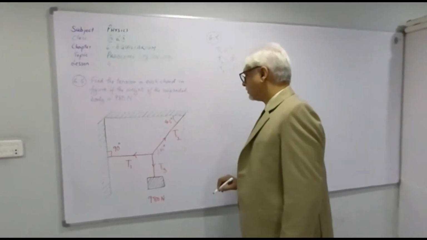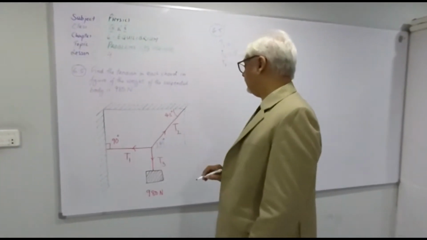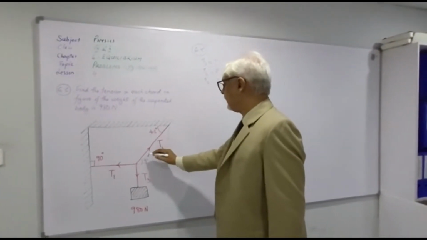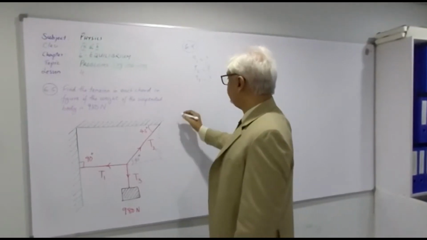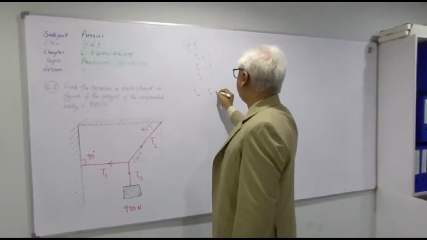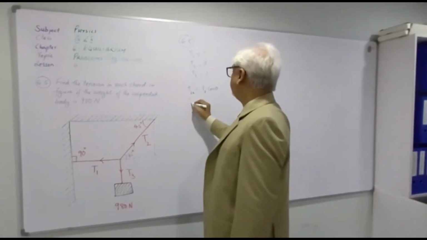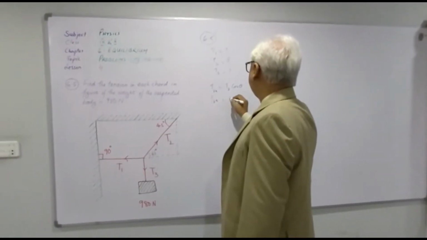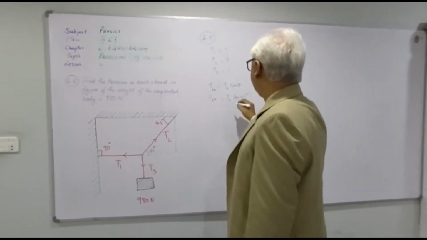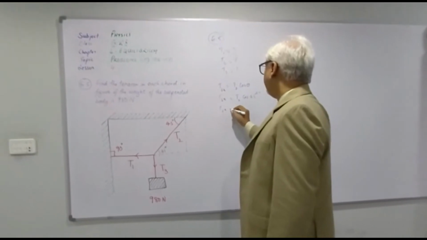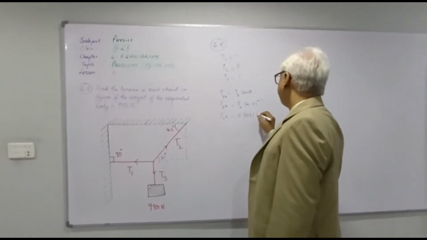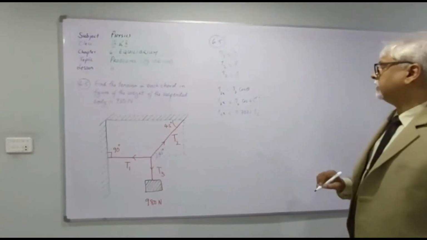Along the x-axis, T2x is equal to T2 cos theta, so T2x is equal to T2 cos 45 degrees. The value of cos 45 is 0.7071, so T2x is 0.7071 times T2.